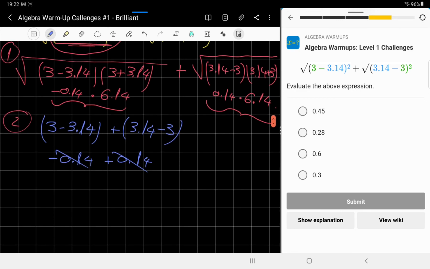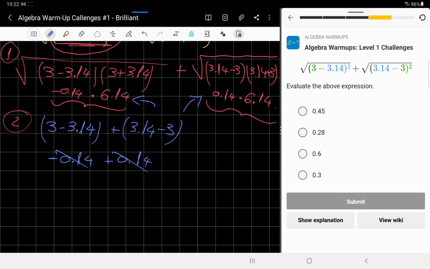How should we go about it? We could go back to this and this, and if we do the multiplications, let me take a calculator.